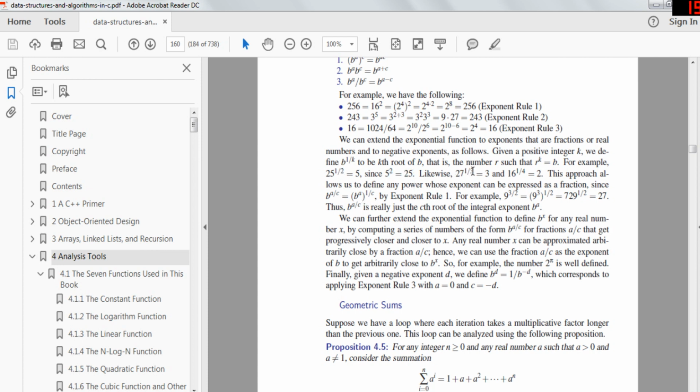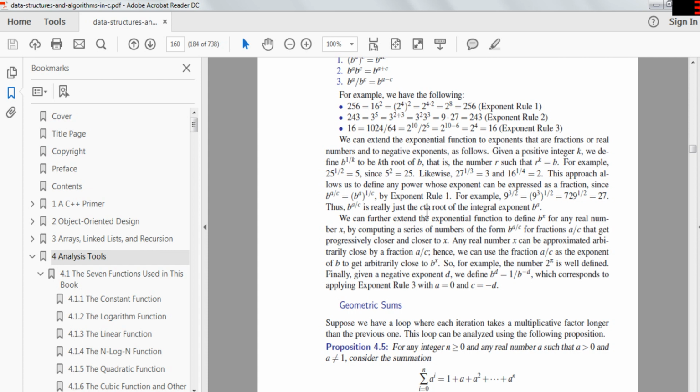Likewise, 27 to the 1/3 power equals 3, since 3 to the 3rd power equals 27. 16 to the 1/4 power equals 2, which means 2 to the 4th power is equal to 16. That's all they're saying here. This allows you to define the power of exponents, representing them as fractions, using this rule. Thus, b to the a over c is really just the cth root of b to the a.